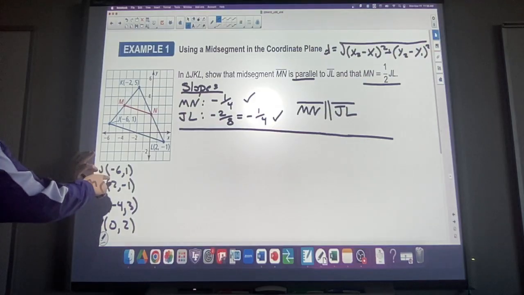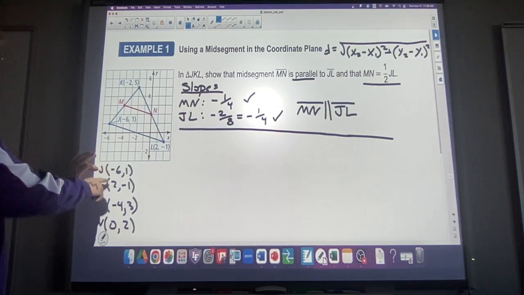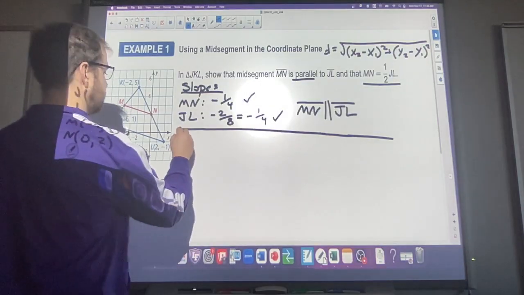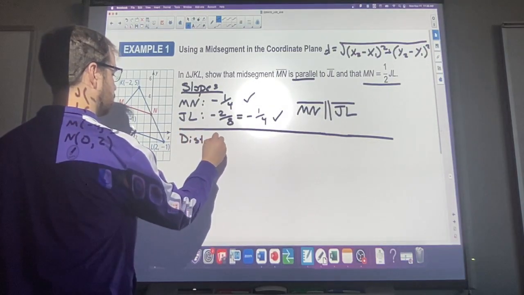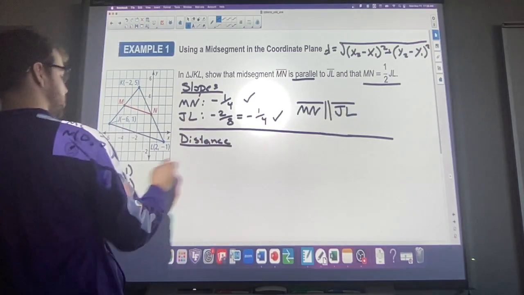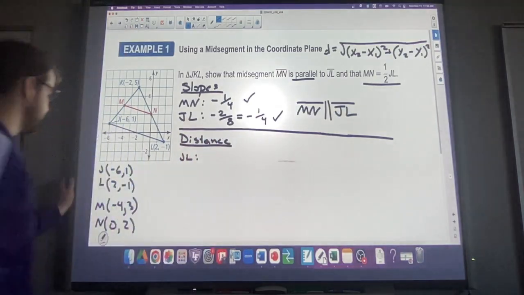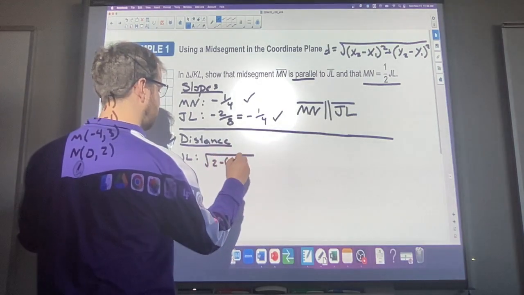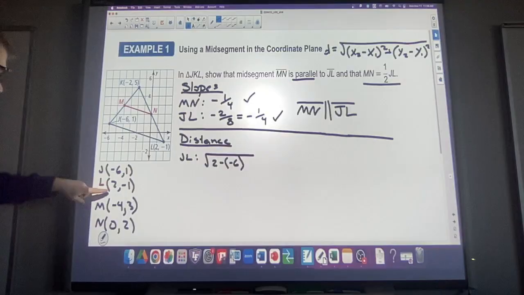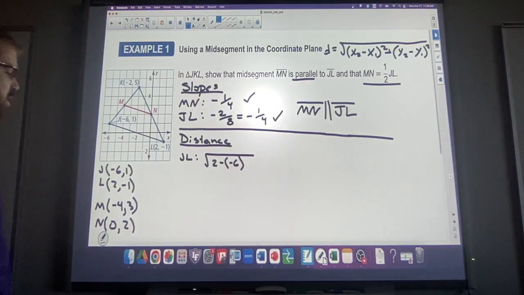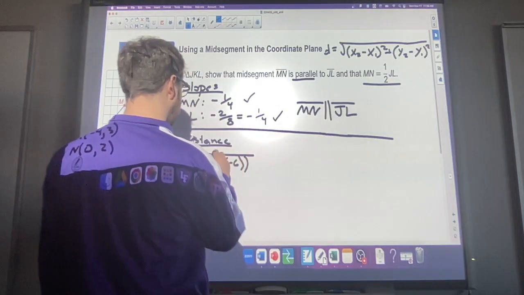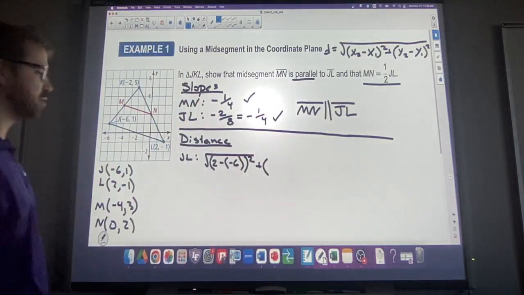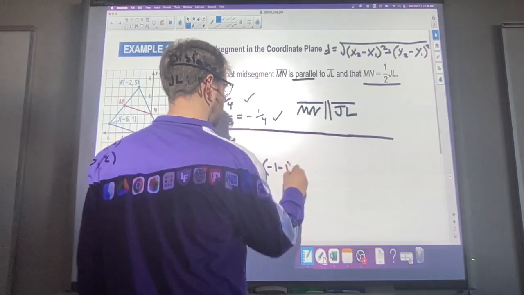So we're going to go x2 minus x1, so that's 2 minus negative 6. This is going to be the distance, and I'm going to start with J to L. So square root of 2 minus negative 6, squared, plus negative 1 minus 1, squared.